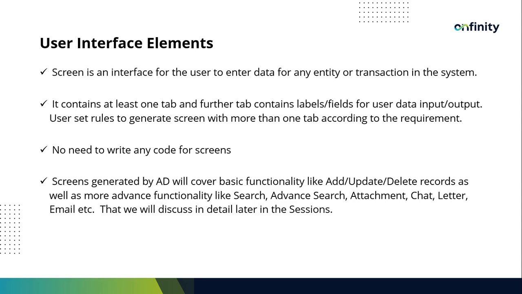These actions, such as attachments, chat, letters, and email, and much more, are configurable and customizable screen-wise. Additionally, add, update, delete, search, and advanced search functionalities are standard features for all screens. Users can use the inbuilt features of the Onfinity framework for the screens they have created.